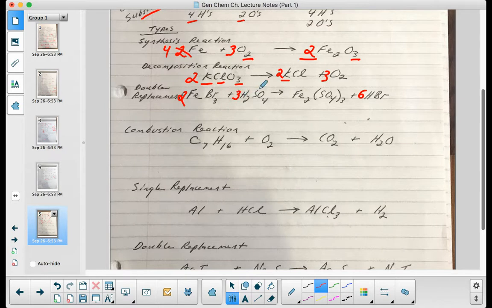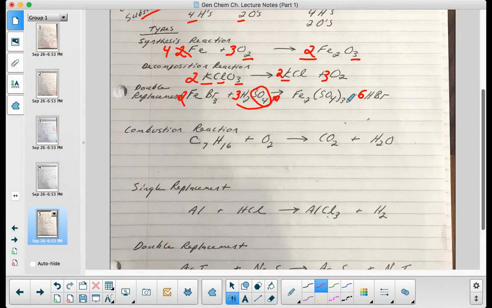Now, when I do that, that 3 gets distributed to this whole sulfate polyatomic ion. So that means I now have 3 sulfates. And so what happened, that 3 I'm trying to show goes, so it's there.